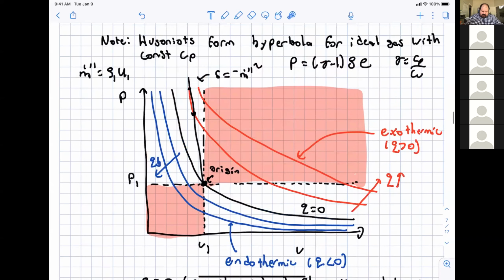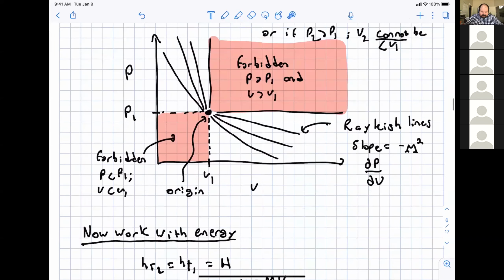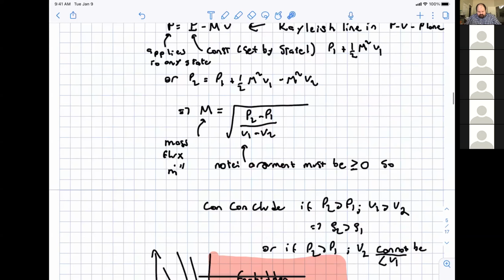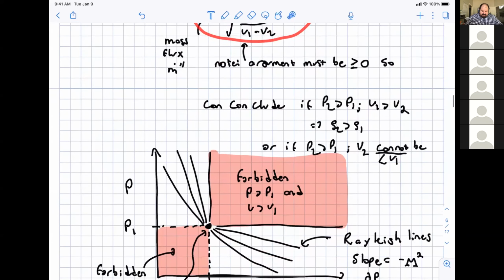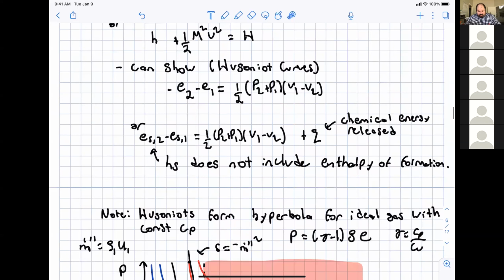We have our equation for the Rayleigh line, given by cap M here, and the corrected equation for the Hugoniot, with the energy determined by the equation of state.